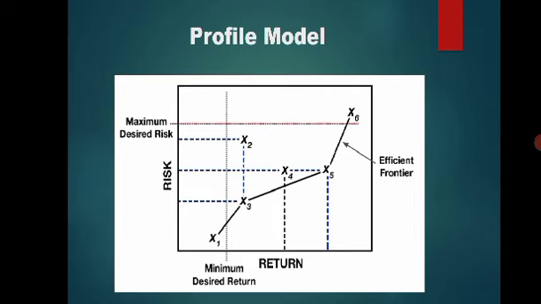What do you also observe from project x4 and project x5? You can see that the perceived risk of project 4 and project 5 is the same. However, the return for project 5 is higher than project 4.